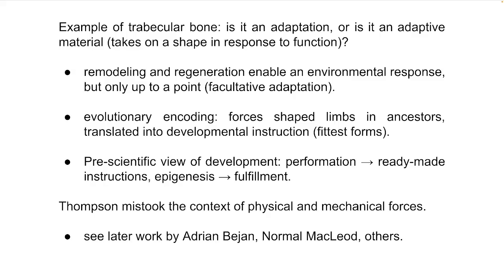And then that's what you have. So what D'Arcy Thompson was observing was the end product of this evolutionary encoding. It wasn't that facultative adaptations are predominant and that evolution is irrelevant. So, again, when you have the right vocabulary, when you have the right mental model for this, it makes all the difference in the world in terms of the explanation that you use.